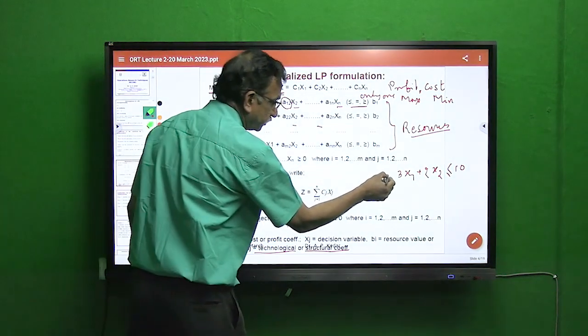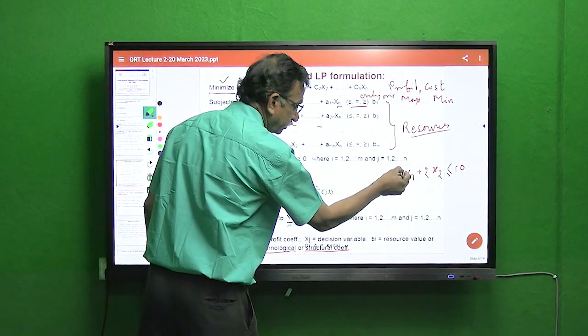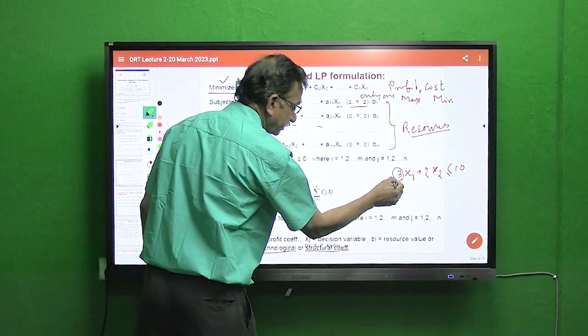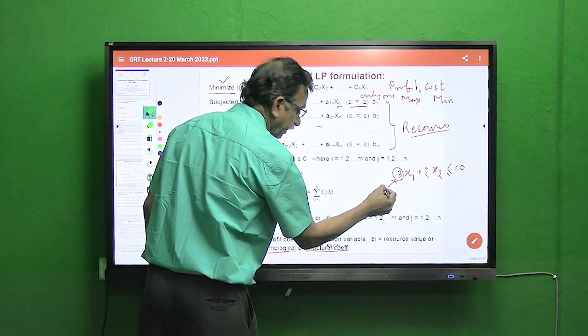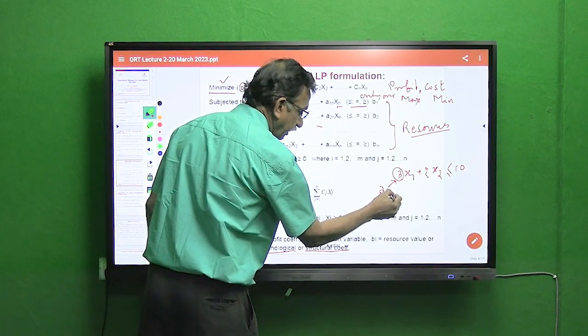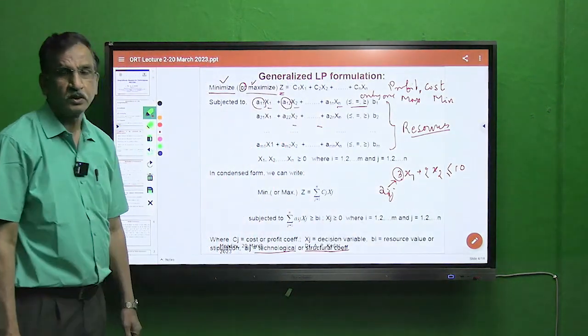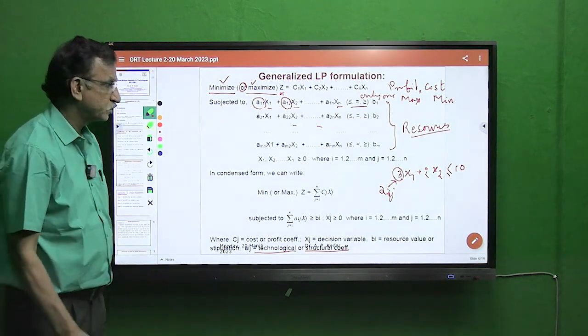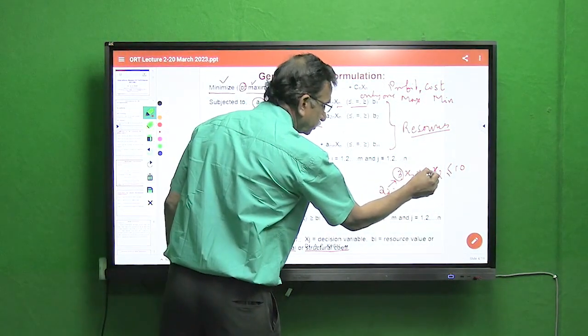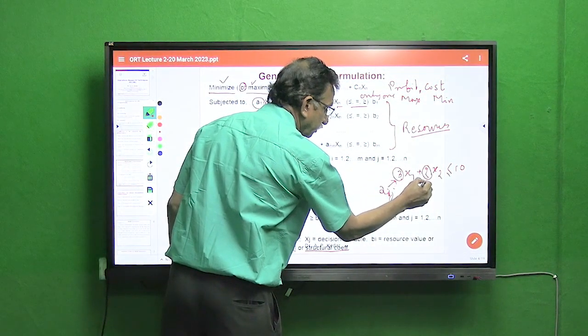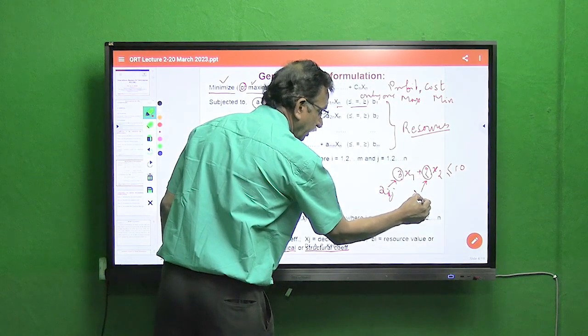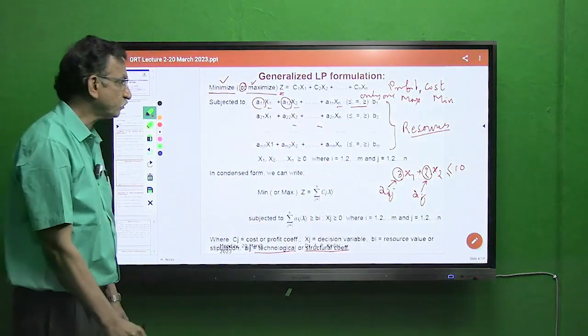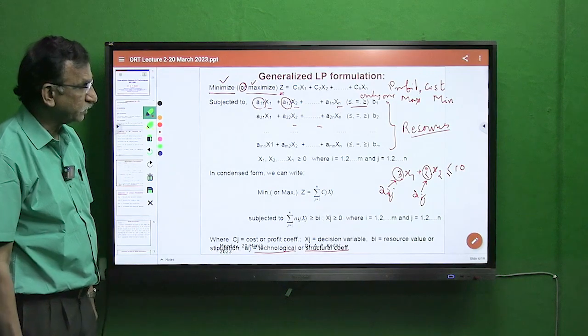In this example, this 3 is representing a_ij, where i is for rows and j is for columns. Similarly, this 2 is also representing a_ij. So the meaning is now very clear.